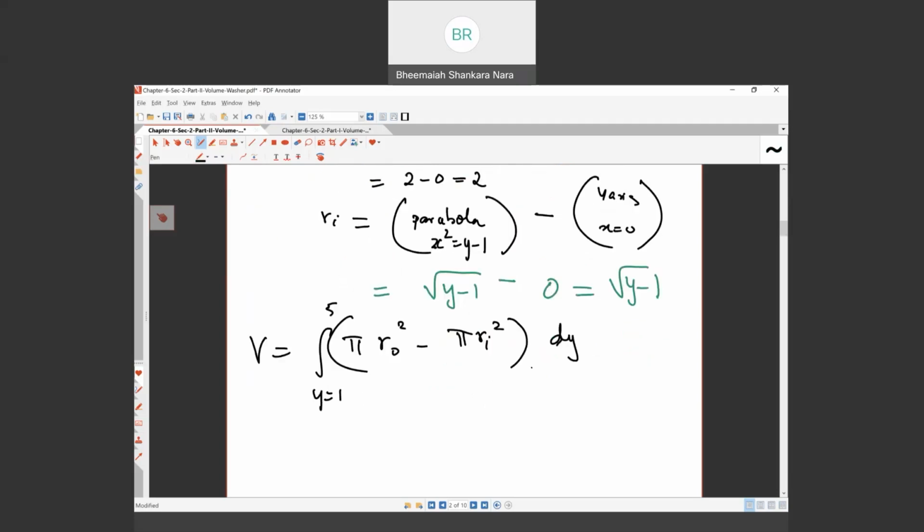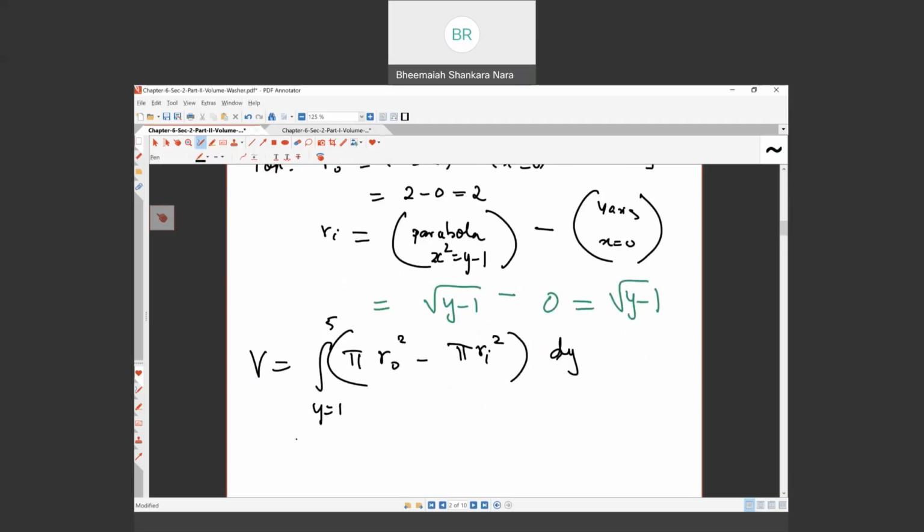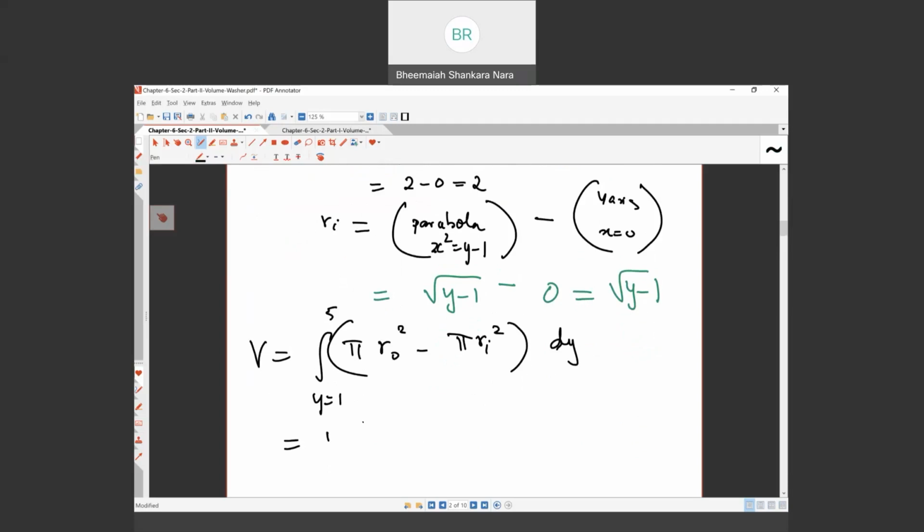So simplify this, plug in your r sub 0, which is 2 square, and plug in your y term, which is square root y minus 1, and then you have a square times dy. Integral is from 1 to 5 y values. This is the square term. 2 square is 4, and the square of a square root is just the term y minus 1.